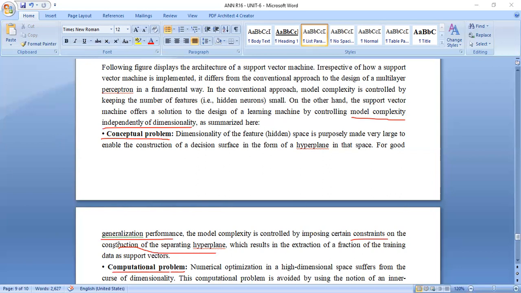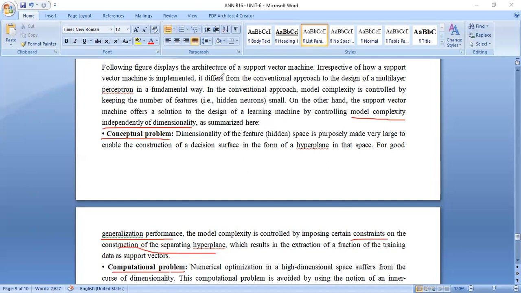So we need to put some rules and regulations on the hyperplane which we are using to separate the given data points, right? By doing this, you may avoid a little bit of the complexity, right?